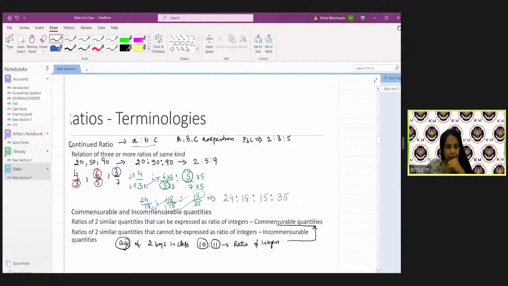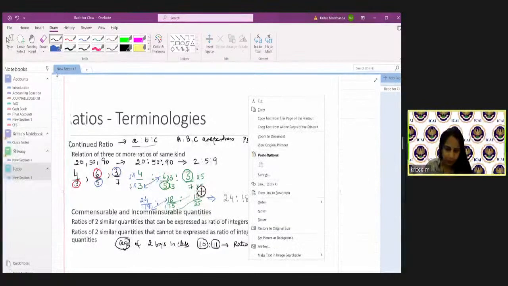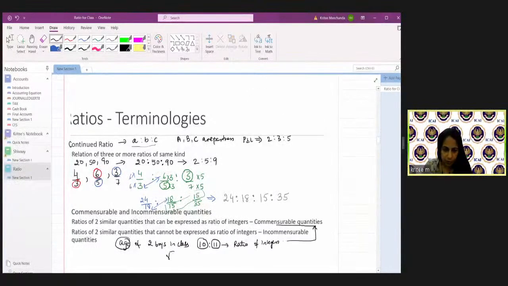Now you might be wondering what is an incommensurable quantity. Supposedly, something which can be represented as square root of 3 is to square root of 5.